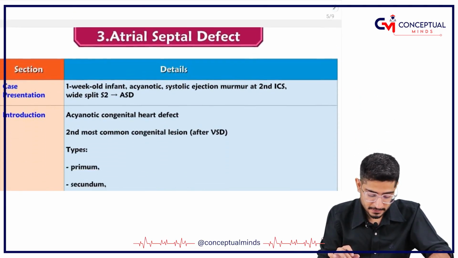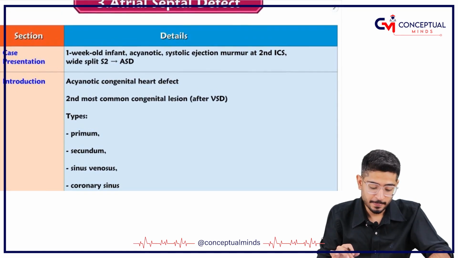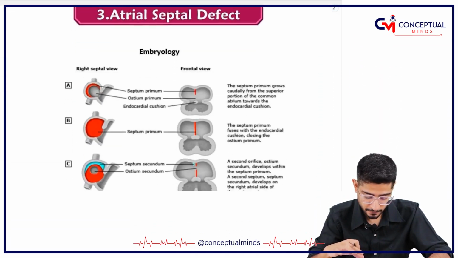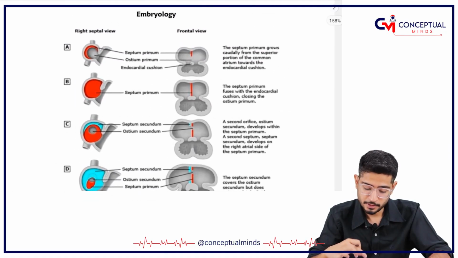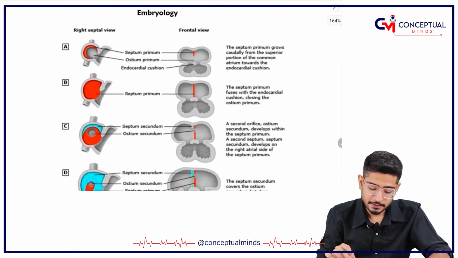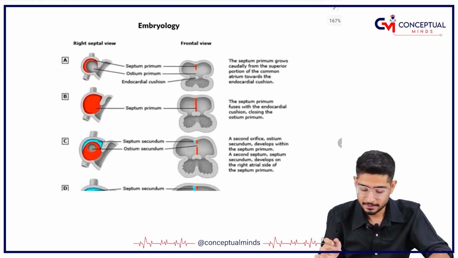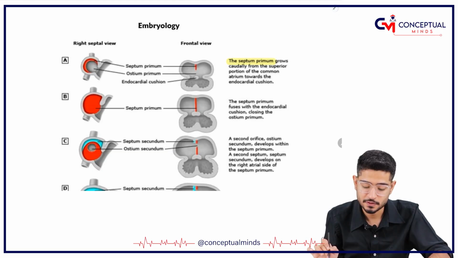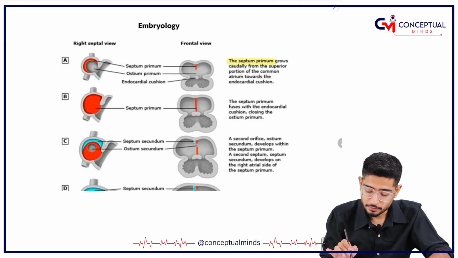So what is atrial septal defect? Please understand that in normal embryology, in the development of the heart, there is something called the septum primum. The septum primum grows caudally from the superior portion of the common atrium towards the endocardial cushion.